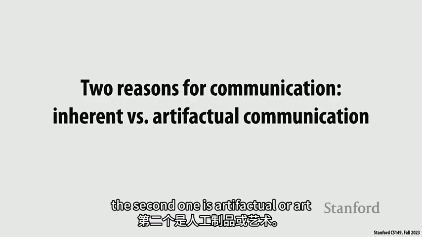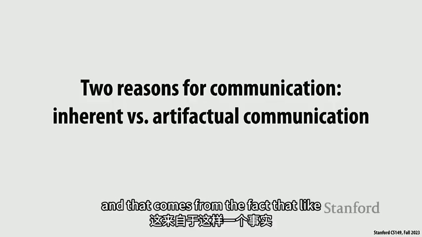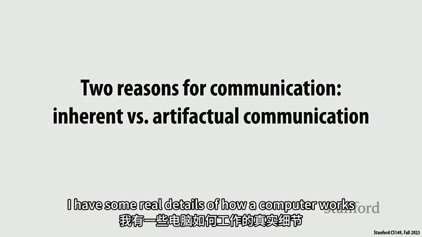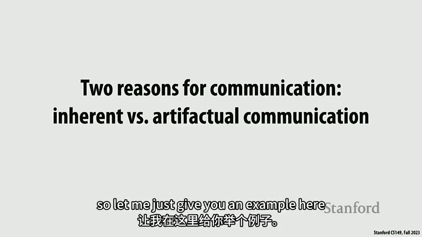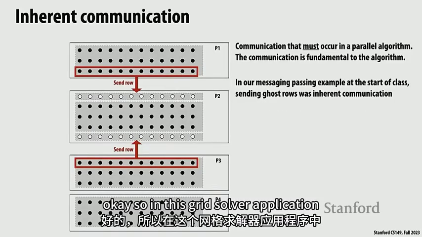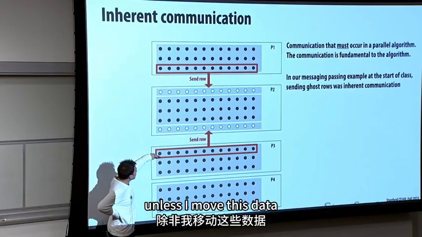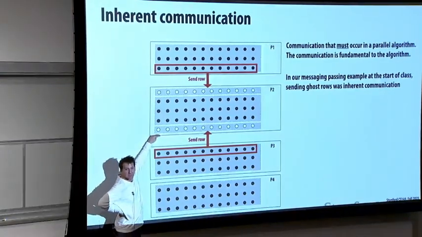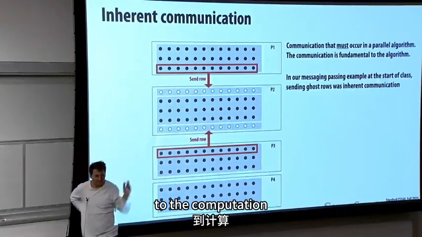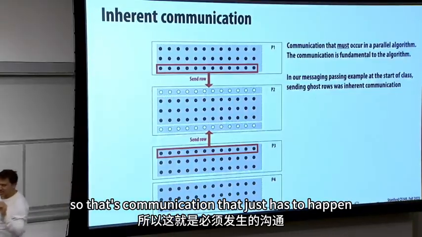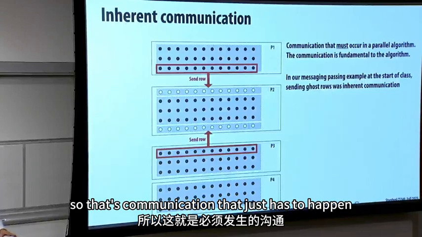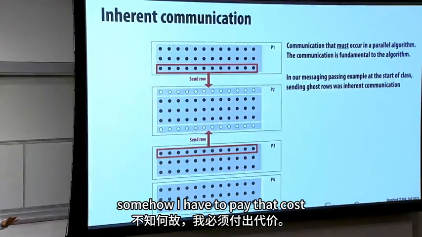The second one is artifactual, and that comes from the fact that I have some real details of how a computer works, and there are artifacts of that. So let me give you an example. In this grid solver application, I can't get the right answer unless I move this data to this thread. That is inherent to the computation. So that's communication that just has to happen. Somehow, I have to pay that cost.